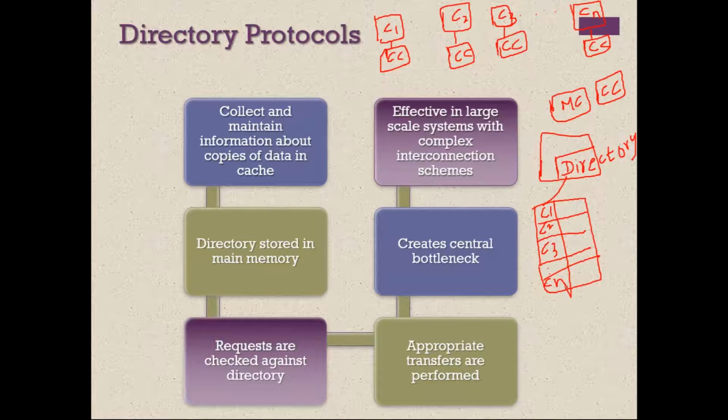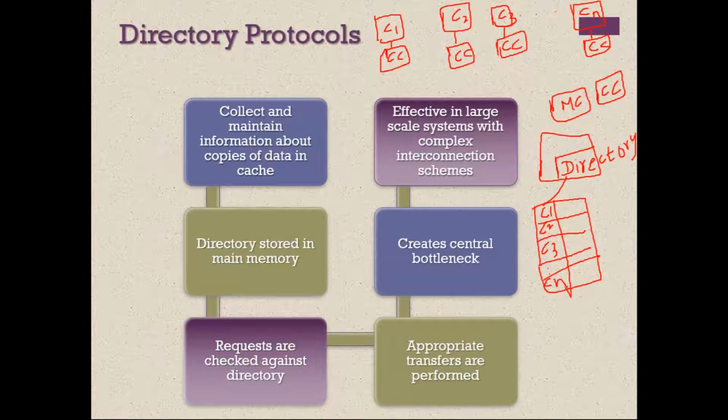Now when an individual cache controller makes a request, the request will first go to the centralized controller. The centralized controller checks, and then it will issue the necessary commands for data transfer between main memory and caches, or between caches.